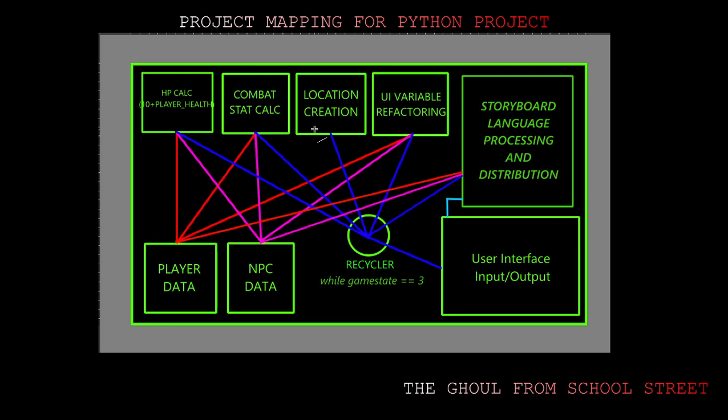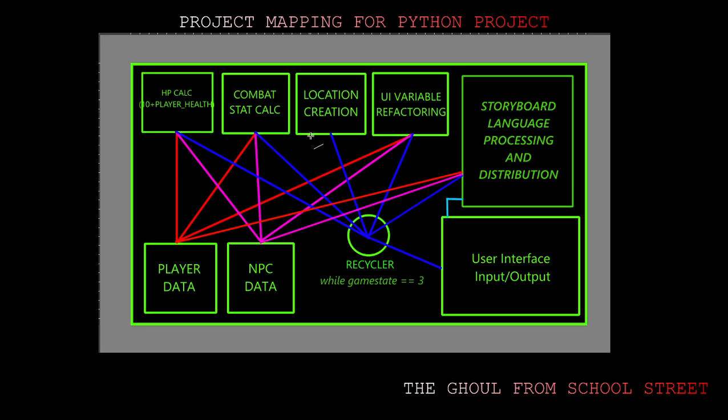And then that kind of goes into the graphic that I put together for the interaction map. You take the player data and run it through whatever calculation for that. The health, the combat stats, the location needs created, but that's not going to pull any of that data in.